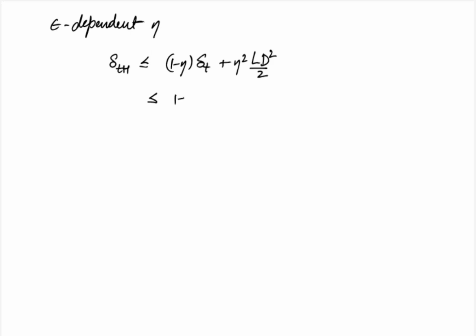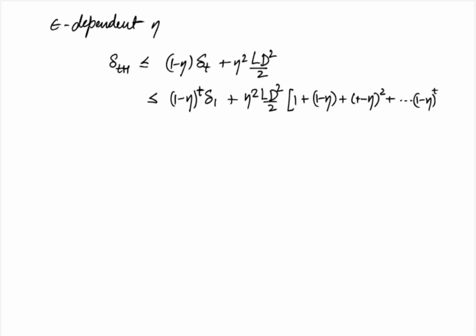We can apply this equation recursively so as to get that delta T plus 1 is less than or equal to 1 minus eta raised to the power T into delta 1 plus eta square LD square by 2 into 1 plus 1 minus eta and so on till 1 minus eta raised to the power T minus 1. We can sum up the geometric term on the right so as to get the right hand side equal to 1 minus eta raised to the power T delta 1 plus L by 2 eta square D square into 1 minus eta raised to the power T divided by 1 minus eta.